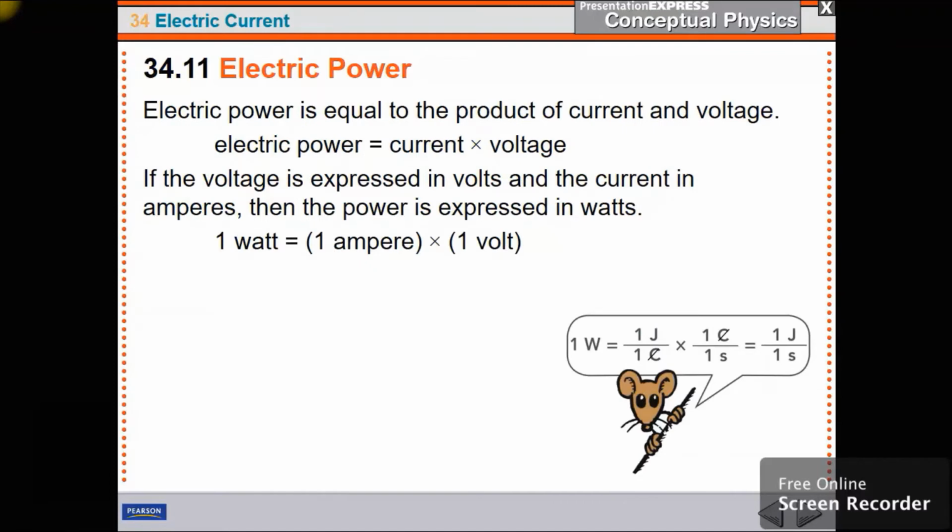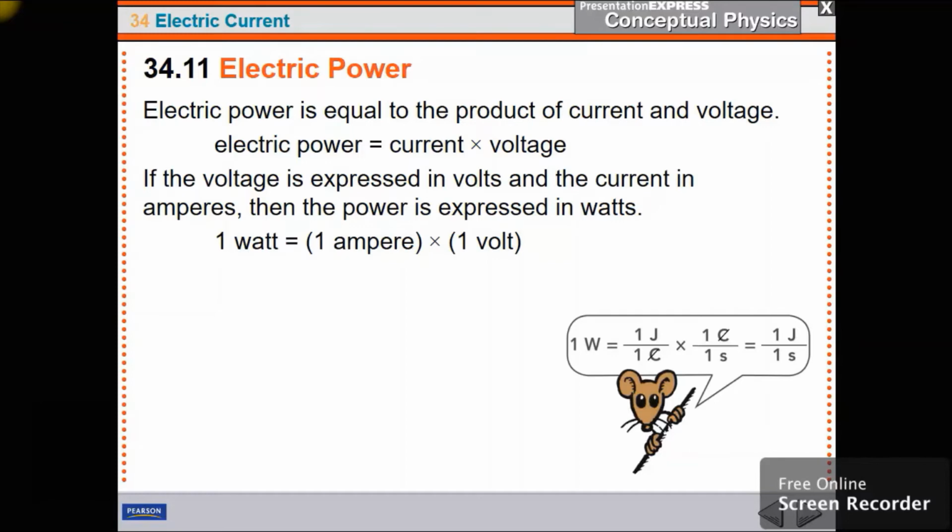And here's the formula, because it isn't physics if we don't have a formula. Electric power equals current times voltage. That's already in the notes. And we measure power in watts. Now, when we were measuring power in the mechanics part of the course, we talked about horsepower and joules per second.